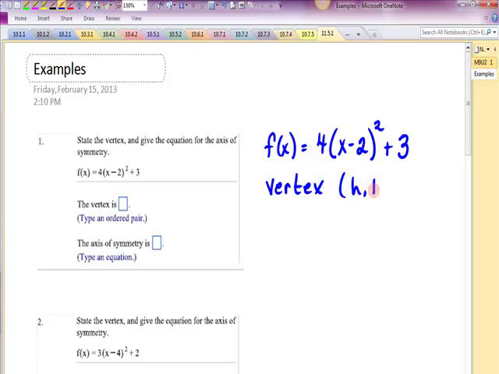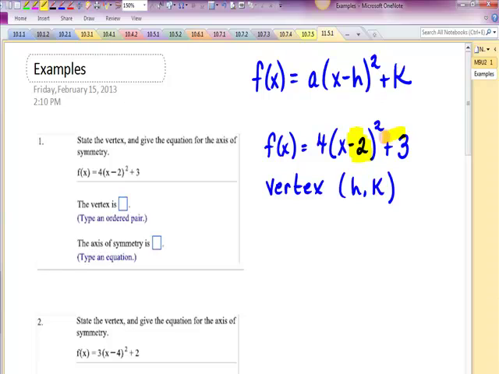Well, the vertex is h, comma, k. You have to remember that the standard form is a times x minus h squared plus k. The number in this position is the opposite of h. The number in this spot is k. So you simply have to remember that it is the opposite of this number. So if this is negative 2, then the coordinate for h is 2. This number you keep.